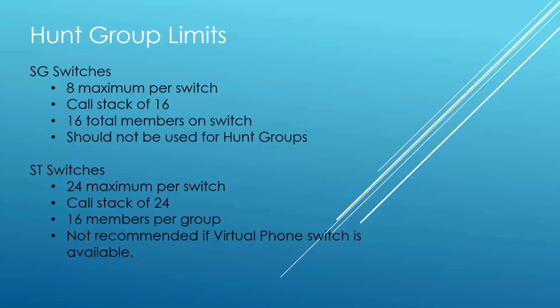Similarly, the ST switches, that's newer hardware with a little more beefy CPU and memory, can actually handle up to 24 hunt groups per switch with up to 16 members per group. We don't recommend setting up hunt groups on those if we have a virtual phone switch available, but they do have a higher capacity for hunt groups than the SG switches do.